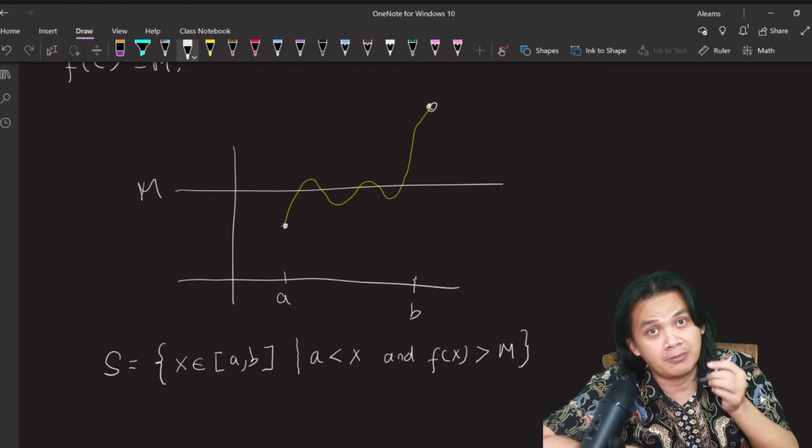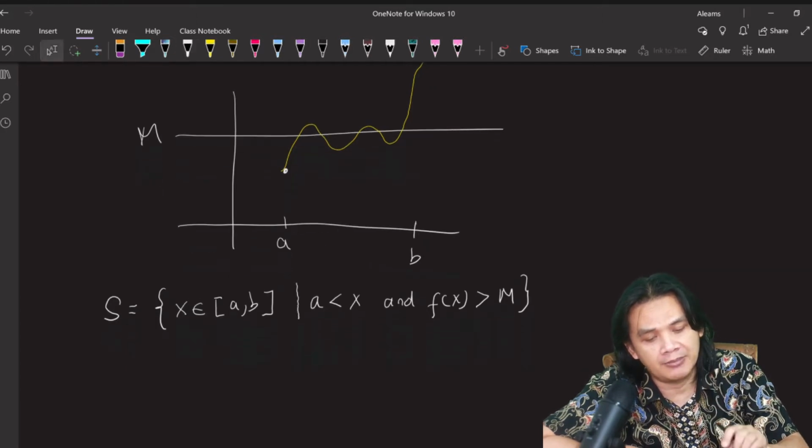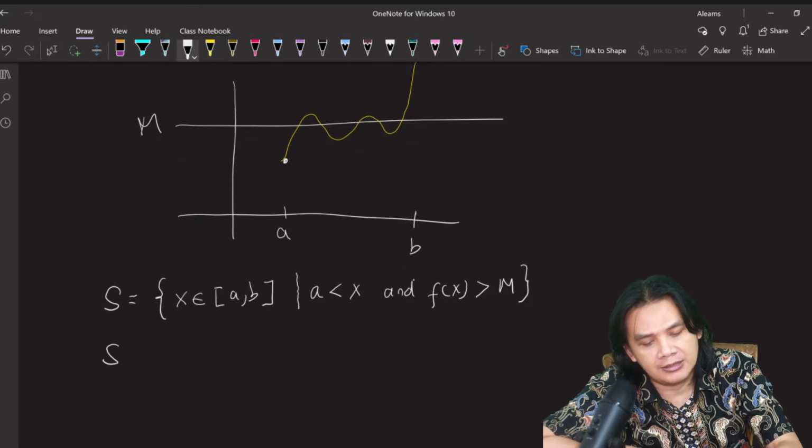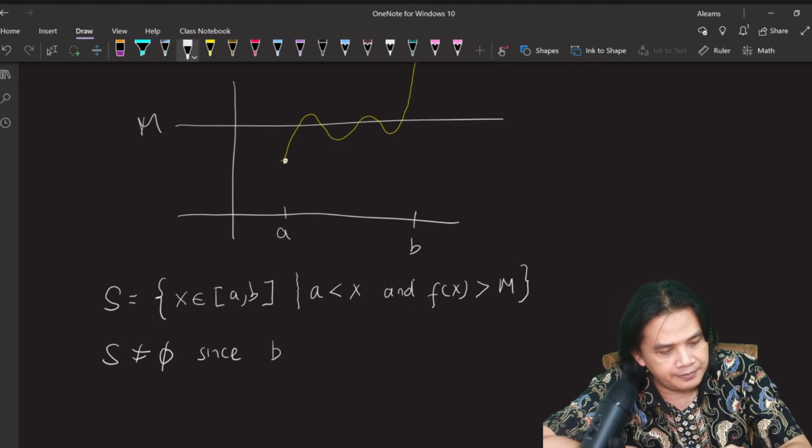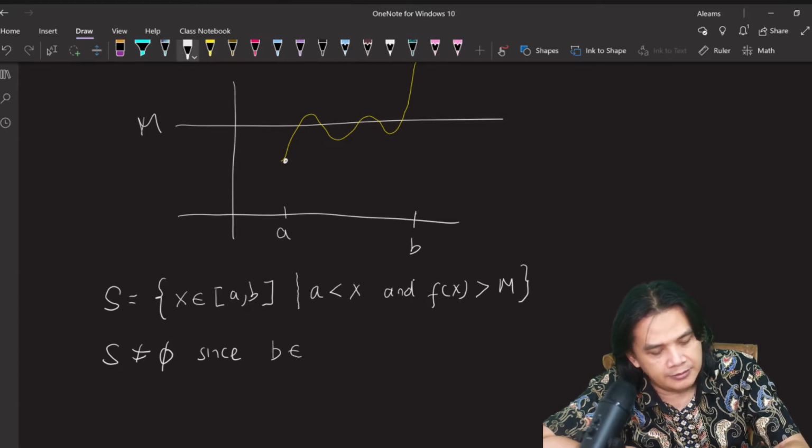So S is non-empty since b is an element of S.